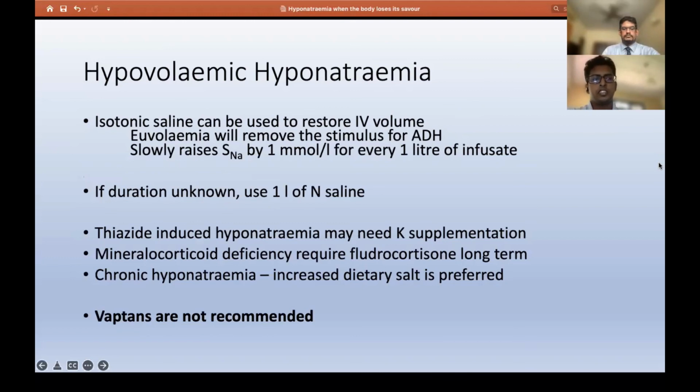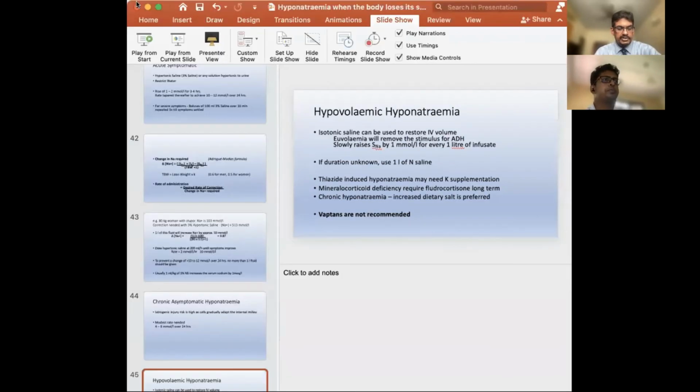The last question: our audience needs a guideline to refer to if they come across this next time. Any particular guideline you are recommending? The guideline is from the American Endocrinology Association.